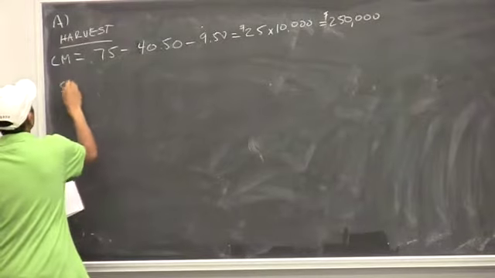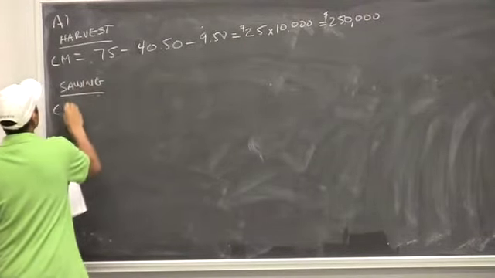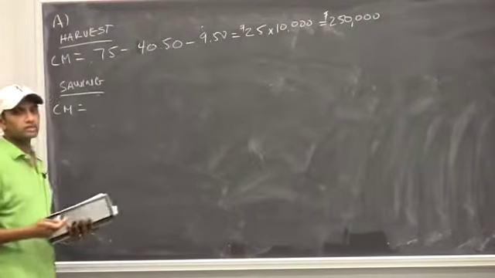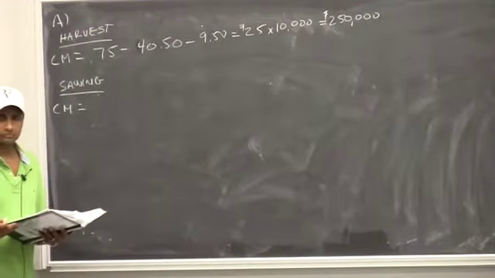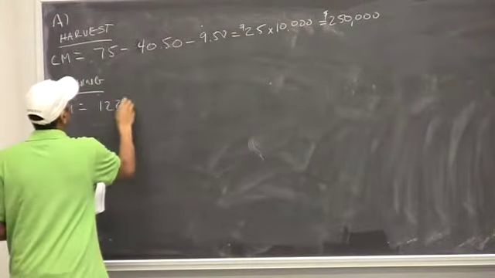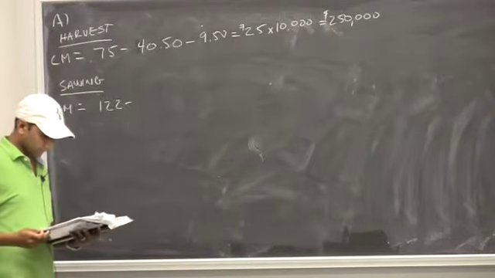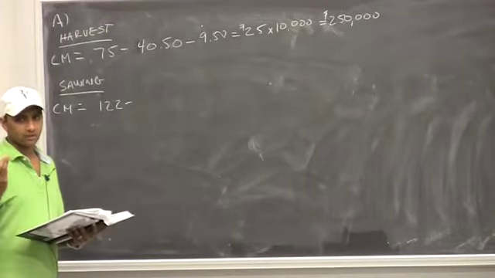So sawing. What's the selling price of pole S? Yeah, 122. And what are the costs? There's two sets of costs, right?